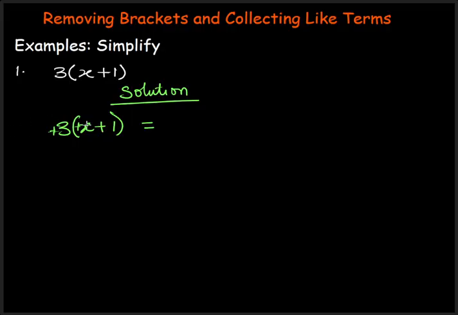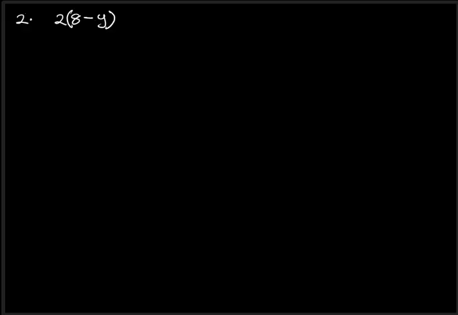So this is plus times plus. 3 times x will give us 3x. Then plus times plus gives us plus. Then 3 times 1 gives us 3. Now remember we've talked about like terms. 3x and 3 are not like terms, so they cannot add, and that becomes our answer: 3x plus 3.